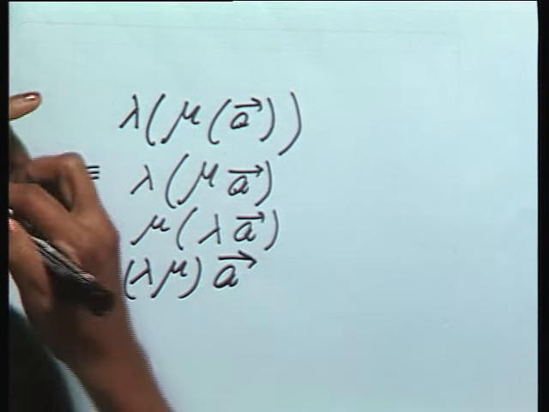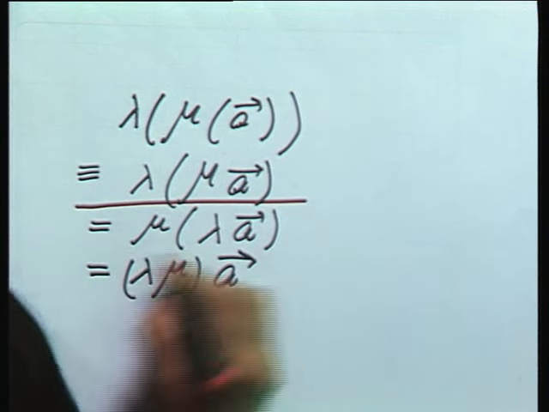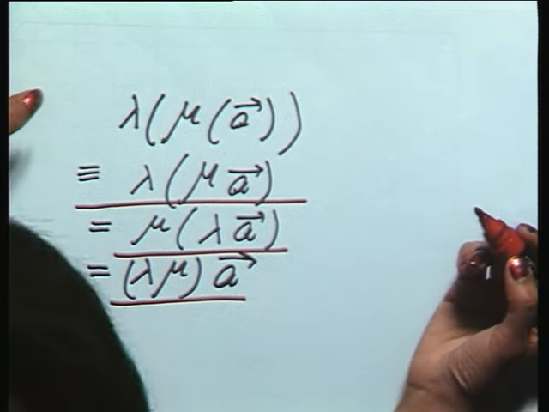So, this is the result that you can try to prove. Lambda of mu A is mu of lambda A is equal to lambda mu of A. Try it. It's very easy.